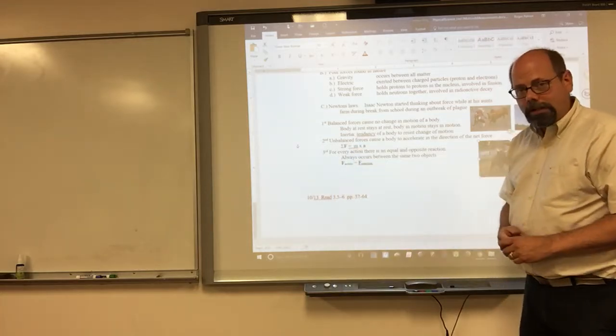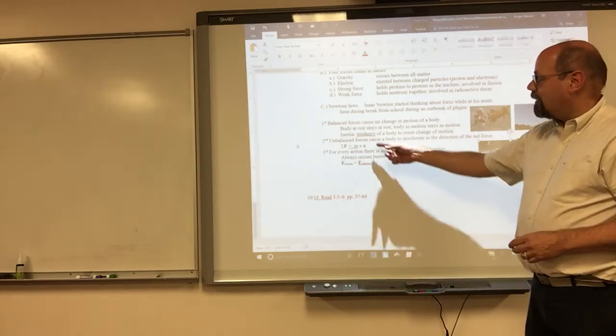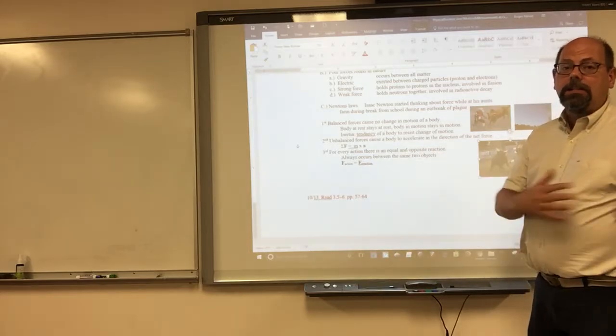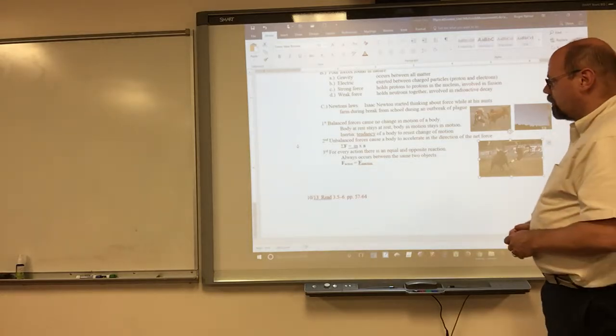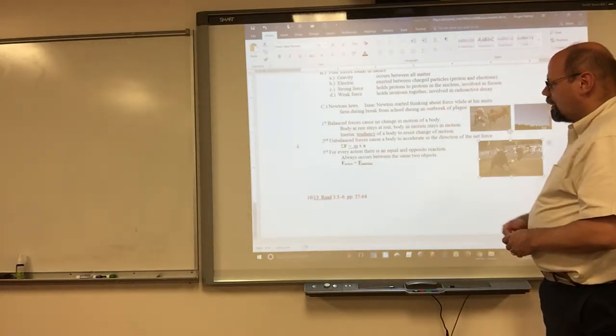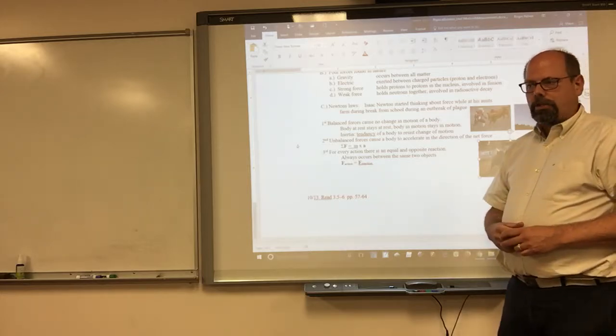So if you know what that force is, and you know the mass of that object, you can then tell what the acceleration is and still continue to use those equations we've talked about in terms of movement.